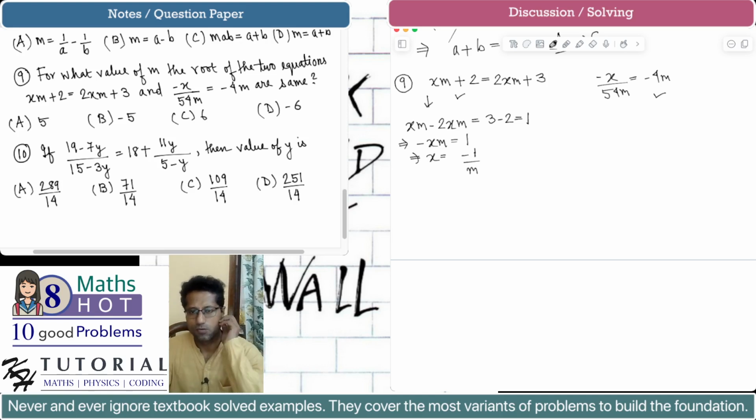So this is the root of the first equation, that is minus 1 by m. Let's solve the second equation. This is pretty straightforward. We can directly say that x will be equal to minus 4m divided by the coefficient of x on the LHS, that is, the coefficient of x is minus 1 by 54m.